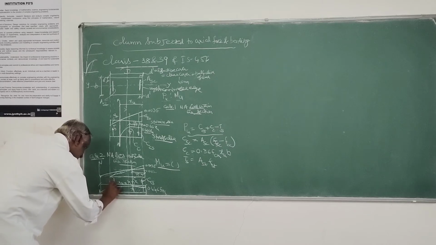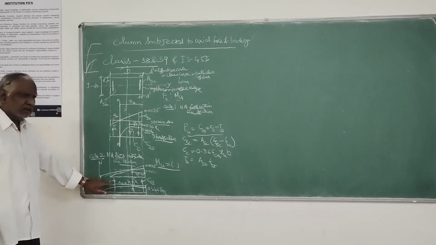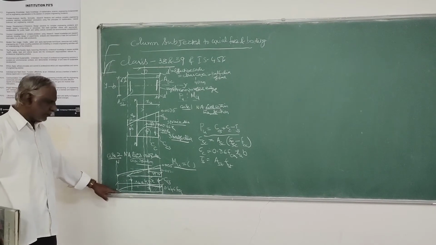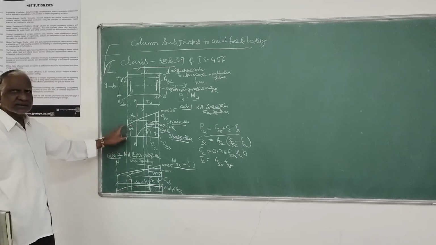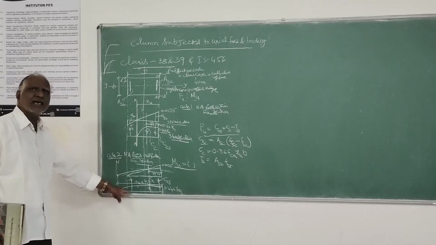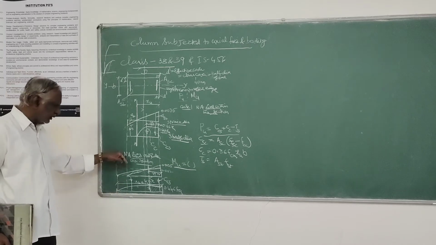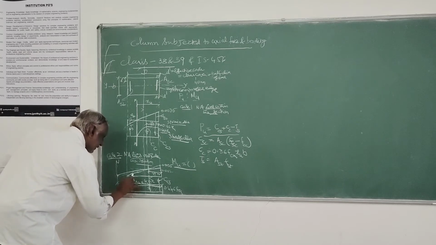Now this is also in compression only, you have to be careful. Now this neutral axis lies away from this particular section, so naturally this steel also will be under compression only, because the neutral axis is away from that point. This is also compressive, this is TS.